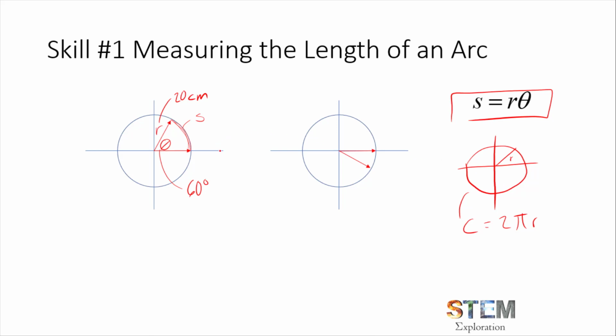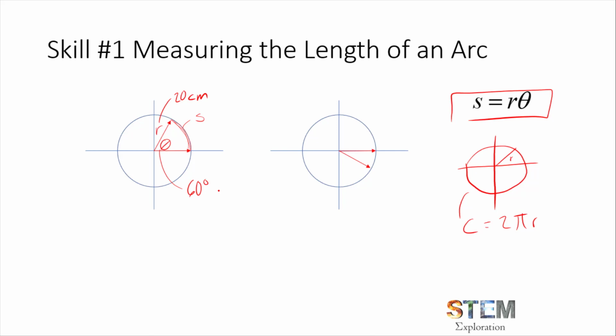And the way we do that is, instead of using a degree value for arcs, we always use radians. If you watched the last video and saw my bonus scale and wondered when to use degrees or radians: you use degrees whenever you want to find an angle, and you use radians when you want to find an arc. That's the simple delineation I'm going to give you right now.